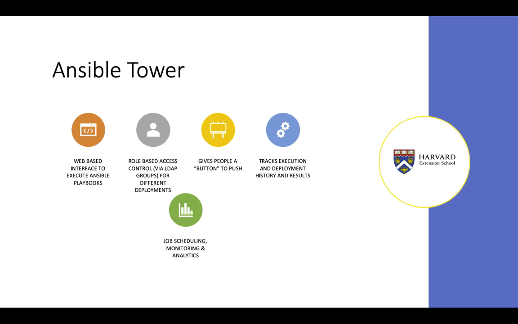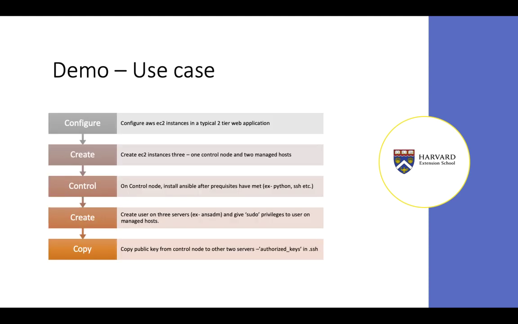At the end of the day, these playbooks can be executed based upon role-based access control, RBAC in short form. So DevOps people can use it in a simple button-like fashion to trigger and run these playbooks. At the end of the day, you can track execution of all the playbooks in a single console.